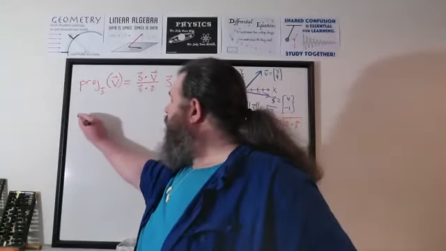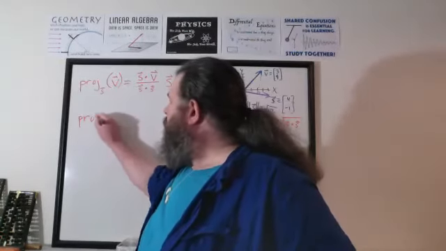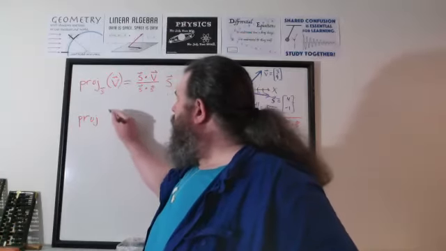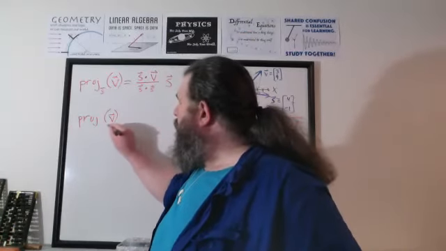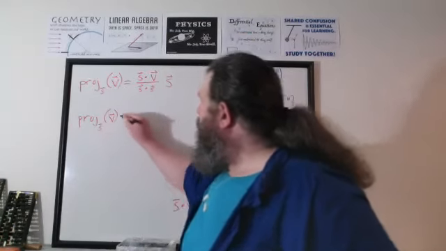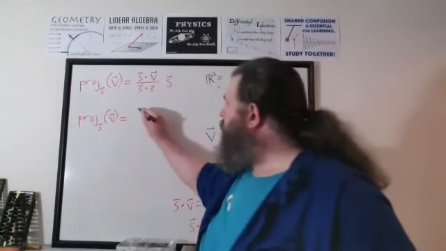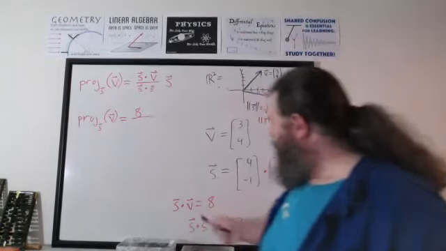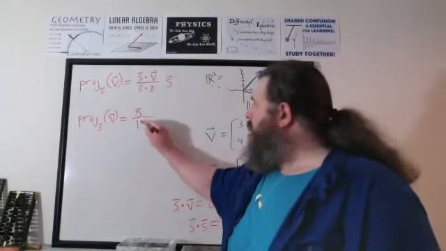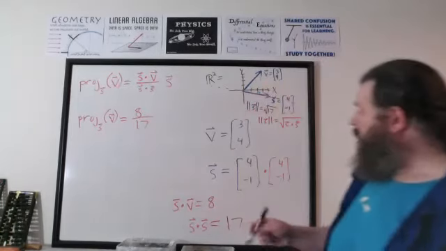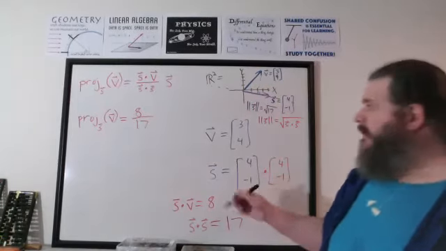So the actual projection of V onto the direction of S is going to be S dot V, which is 8, over S dot itself, which is 17, times vector S itself, which is 4, -1.